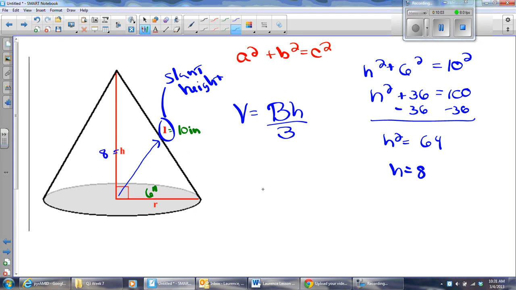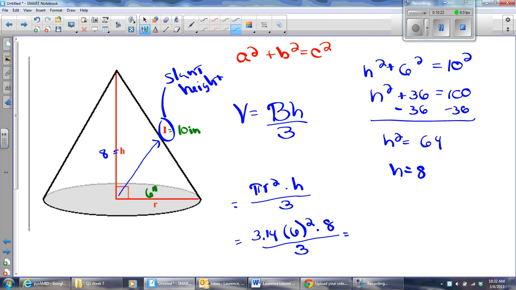So now I'm going to do pi r squared times h, and then I'm going to divide that answer by 3. All right, so pi is approximately 3.14. The radius is 6, squared. H is 8. We found it from the Pythagorean theorem, and then we're going to divide by 3. Okay, and I'm going to try to make my math a little bit simpler. Squaring, following the order of operations, and now multiplication and division have equal importance, so I'm going to divide and turn that into a 12.